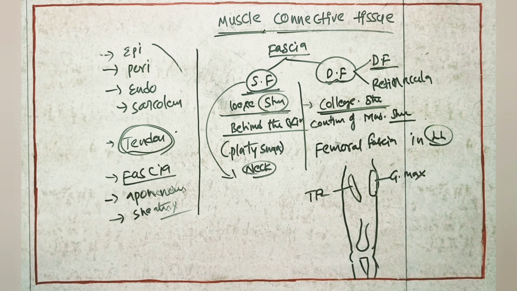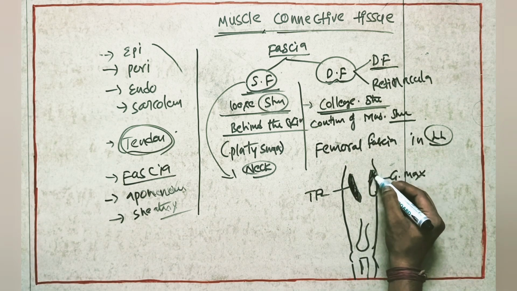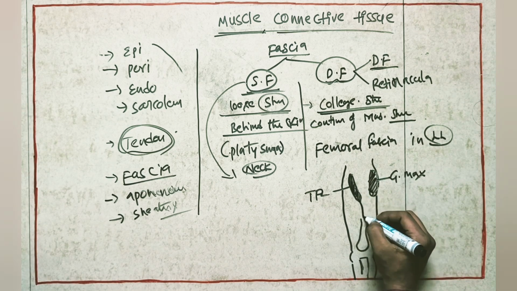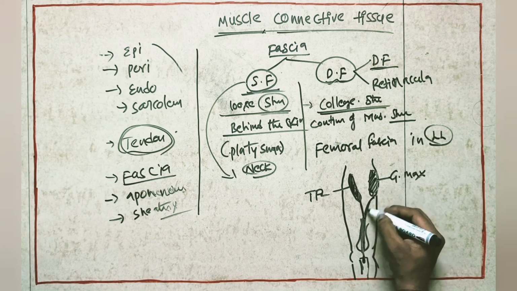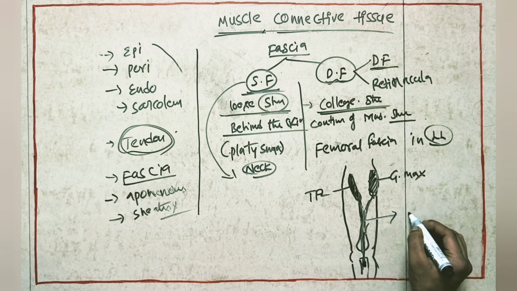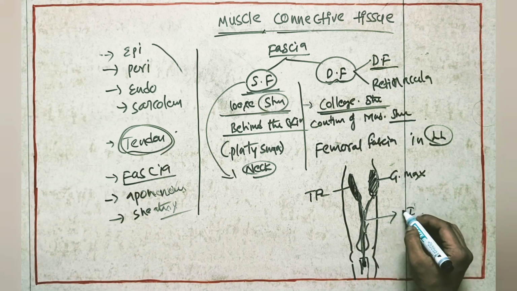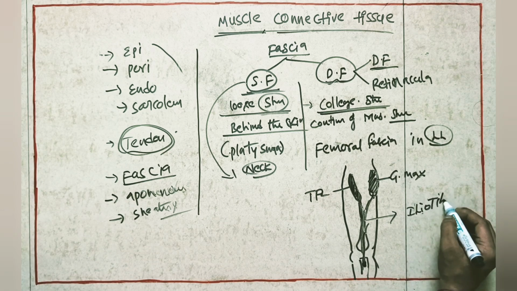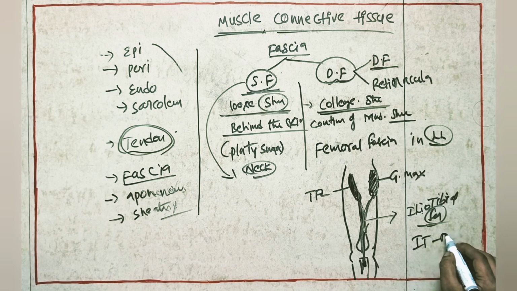Here we'll be having tibia. So these two muscle forces are transferred by one fascia, that is nothing but the iliotibial fascia, also called the IT band, iliotibial band. These two muscle forces will transfer to this fascia and it will insert into the tibia.